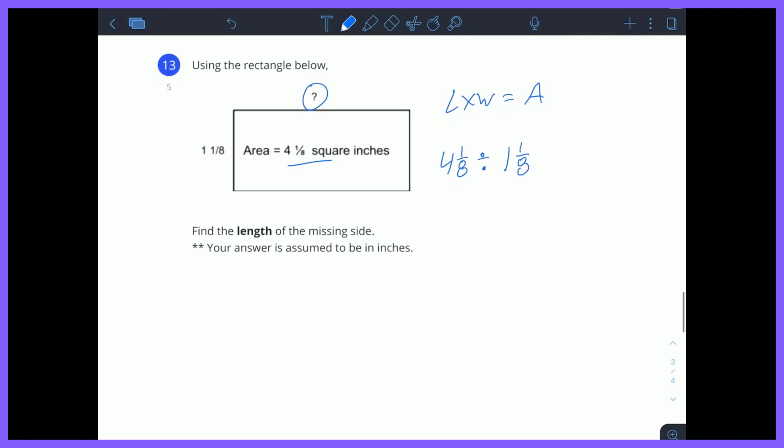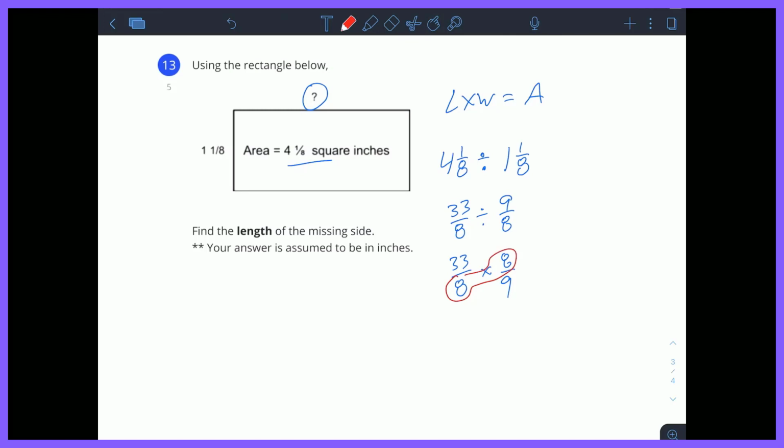So turn them into improper fractions. So 8 times 4 is 32, plus 1 is 33/8, divided by 8 times 1 is 8, plus 1 is 9/8. So now I have to keep, change, flip. So this is actually kind of nice. Whenever I have the same number on a diagonal, I just divide by whatever that number is.